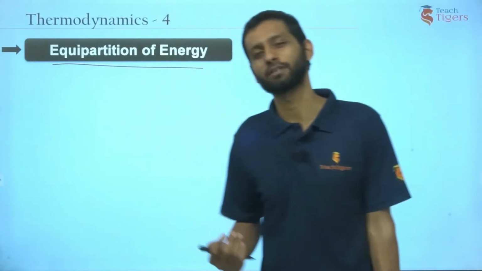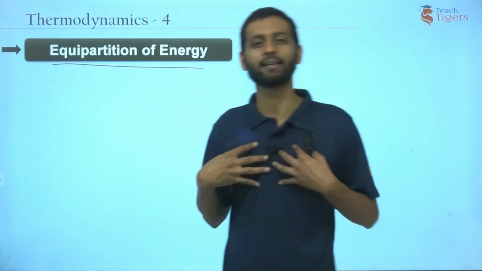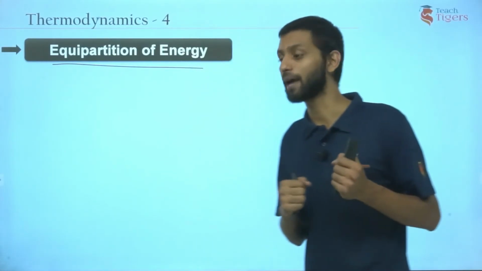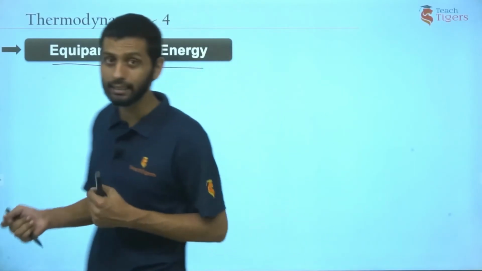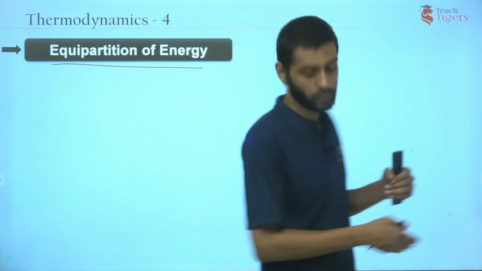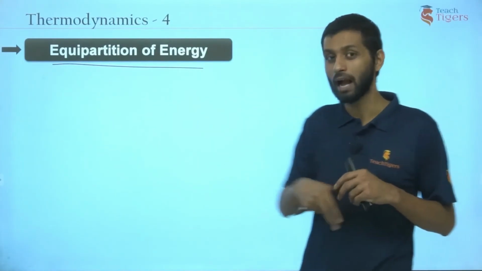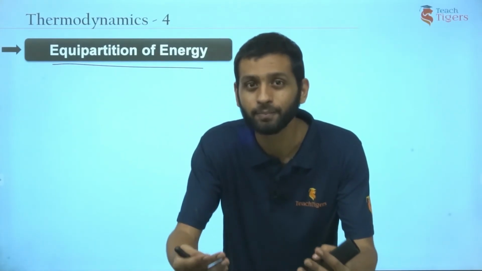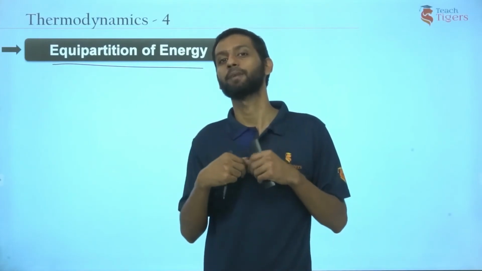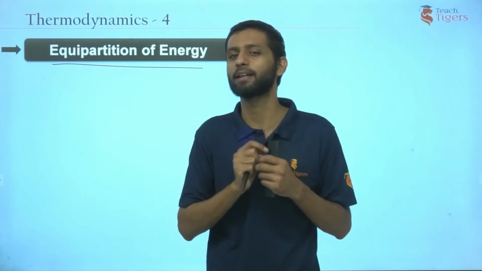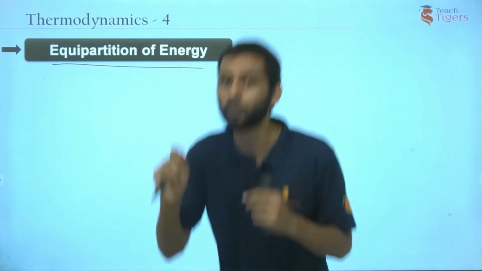What are different modes of energies? I am standing here. How can I express my energy? I can move towards right, I can move towards left. So moving in this direction is one way I can express my energy. I can move towards the camera, away from the camera. I can move towards you, away from you. That's another way.